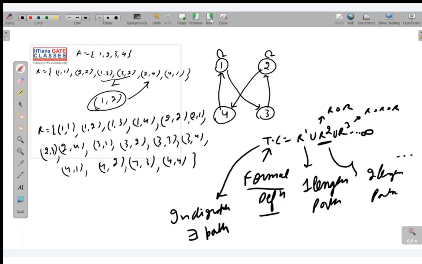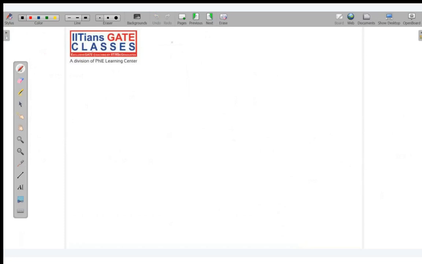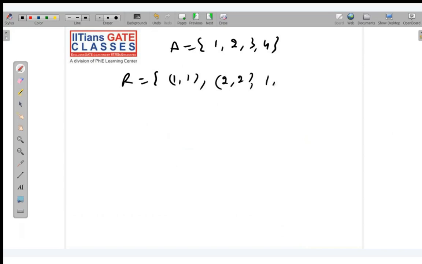Okay, so let me give you another example. Parent set is {1, 2, 3, 4} and the relation is given as (1,1), (2,2), (1,3), (3,1), (2,3). They want us to find the transitive closure.